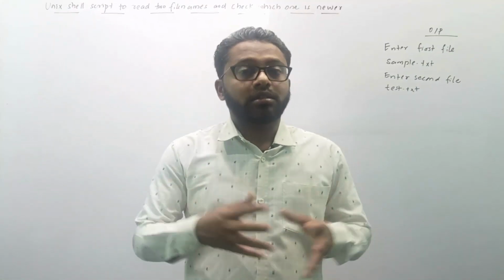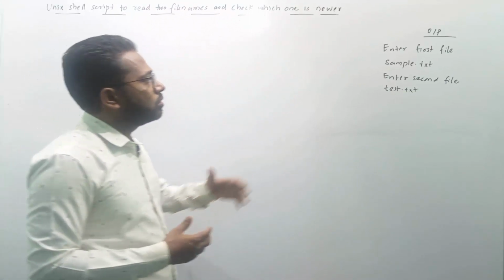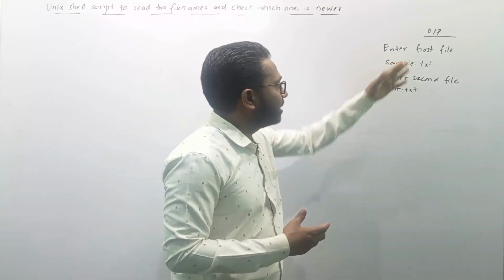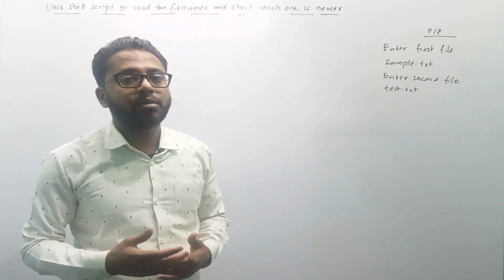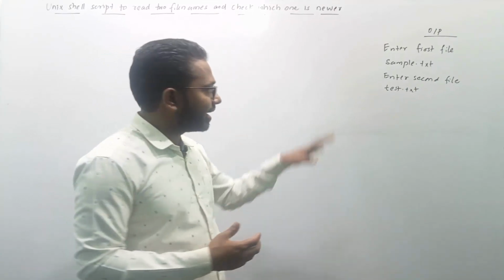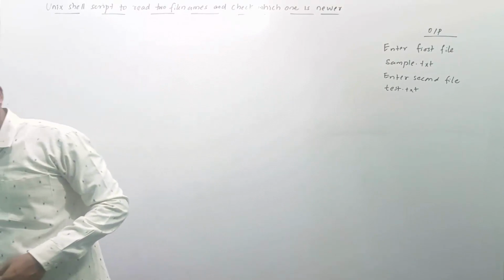Now let us start our discussion. When this program gets executed, it will ask the user to enter two files. First message, enter first file, then the user will enter the name of the file, sample.txt. Then again it asks the user to enter the second file, and let us suppose the user enters test.txt.